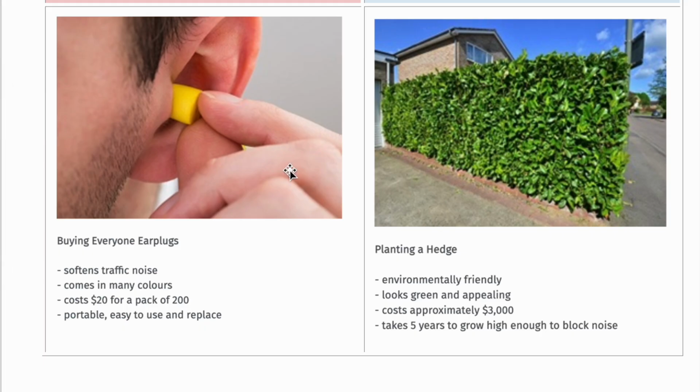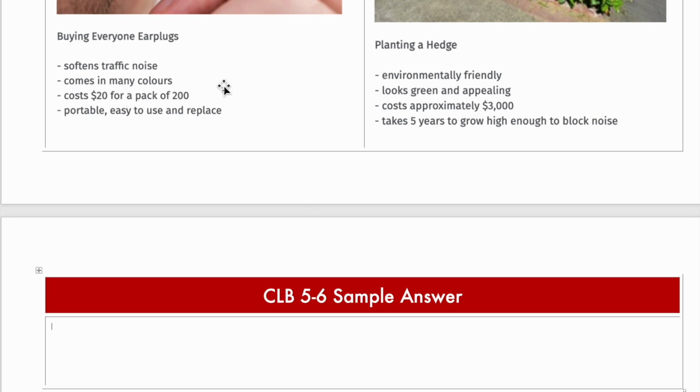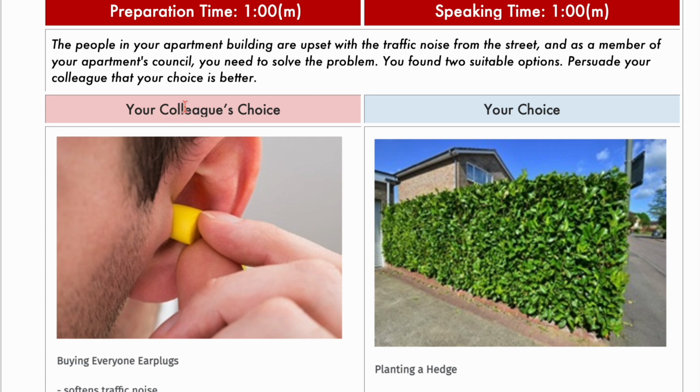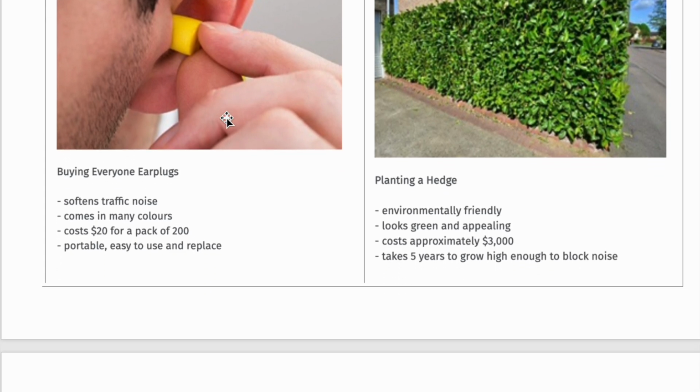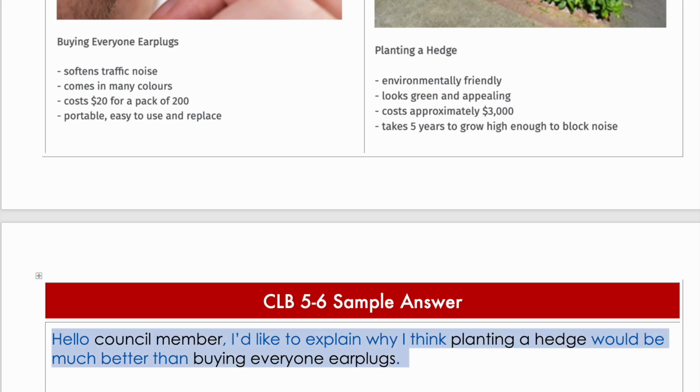So, let's go to my board and let's start here with the first sentence. We are going to introduce the question, speaking to our colleague, okay? All right. So, hello, council member. Your colleague is your council member. You can say hello, colleague, or maybe your colleague or council member has a name.